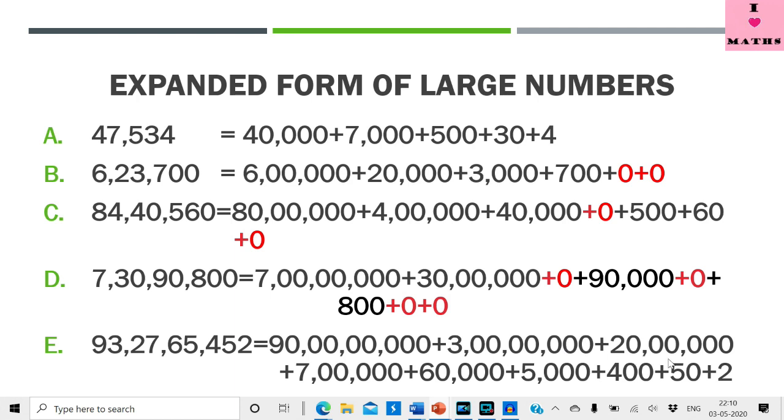And I would request all of you to use commas whenever you write large numbers. This will help in minimizing your mistakes, and it will also be very, very useful in reading the numbers. Thank you. I hope you will adhere to putting commas at the correct place. It's really important.